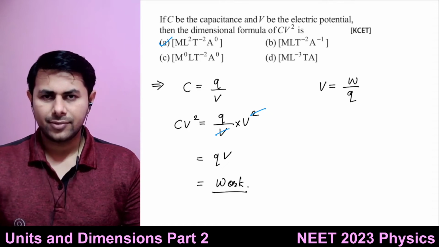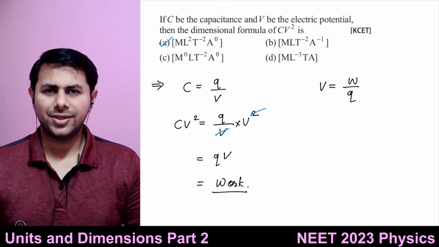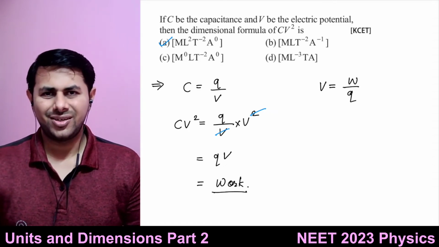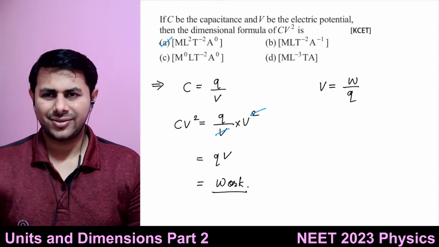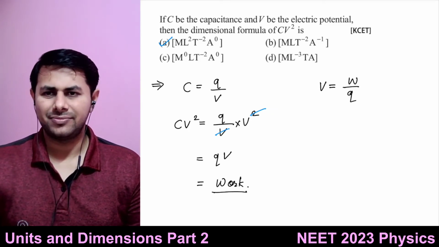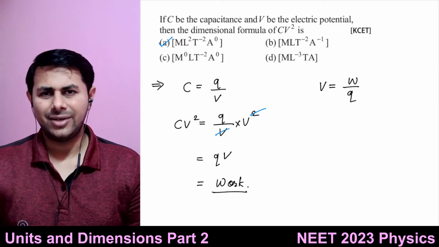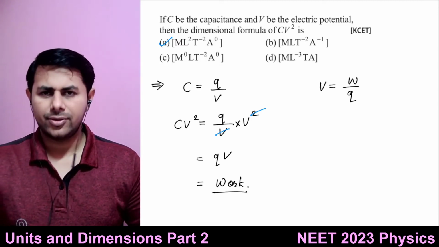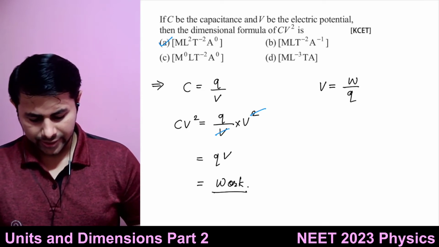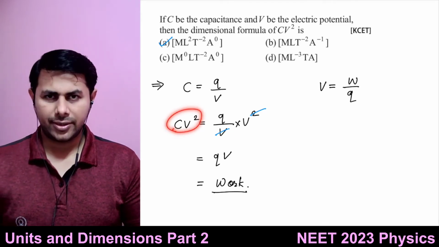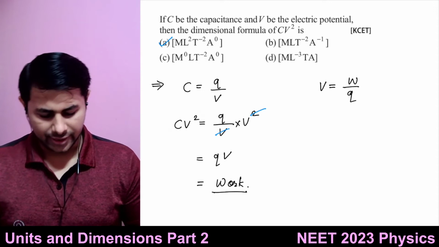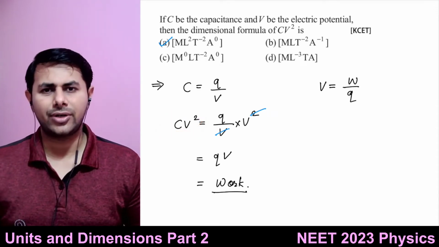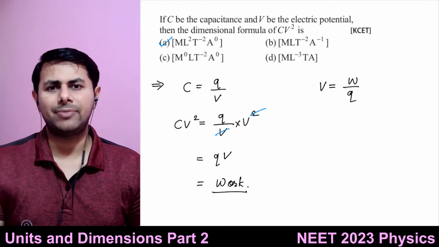So at least dimensions still work. We need to learn them by heart, we need to memorize them, and the formulae. So this is not difficult. If you learn electrostatics, there is a direct formula that energy stored on a capacitor is half of C multiplied by V square.